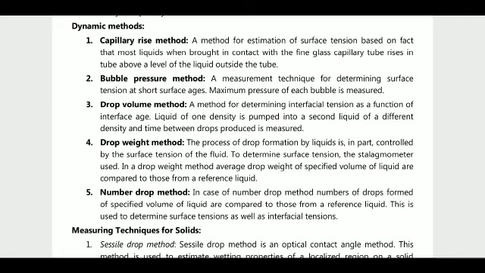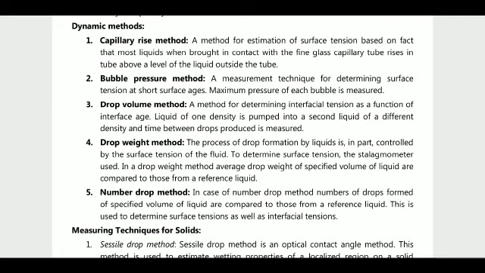Next method, bubble pressure method. It is a measurement technique used for determining the surface tension at short surface ages. In this method, the maximum pressure of each bubble is measured. Drop volume method.